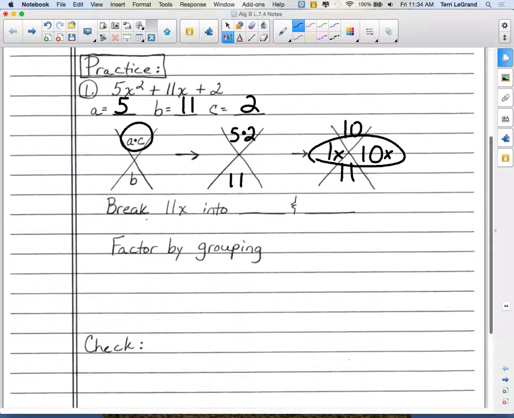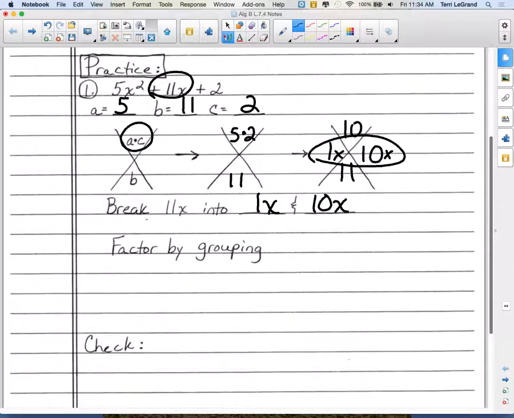And what we do is we take that middle term of 11x and we break it into 1x plus 10x. So we're going to rename that 11x. Maybe they got combined together and became 11x. Basically, we're going to rename the trinomial as a 4-term polynomial, and then we can use factoring by grouping.